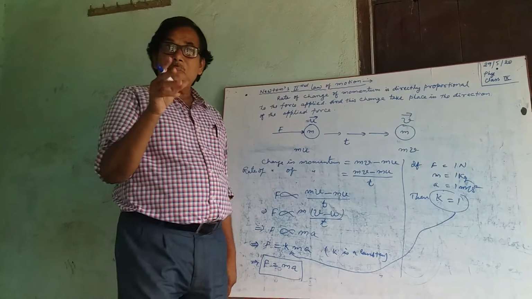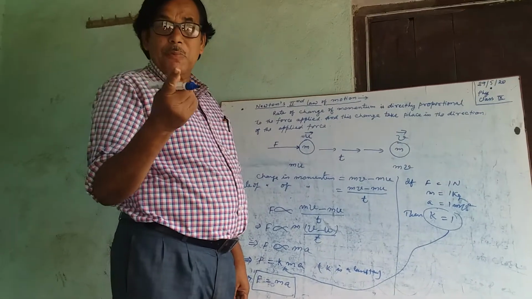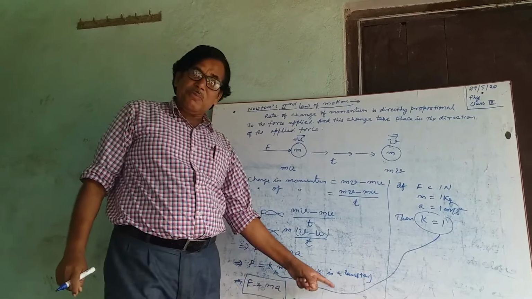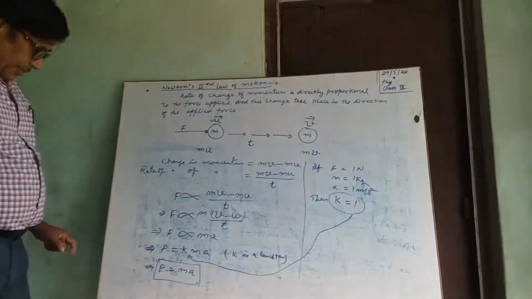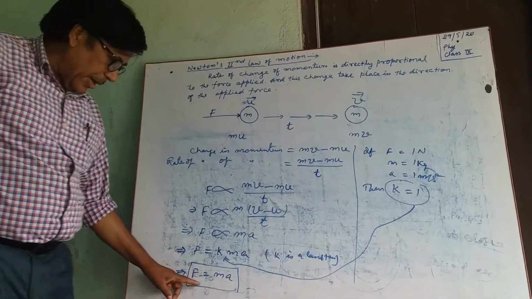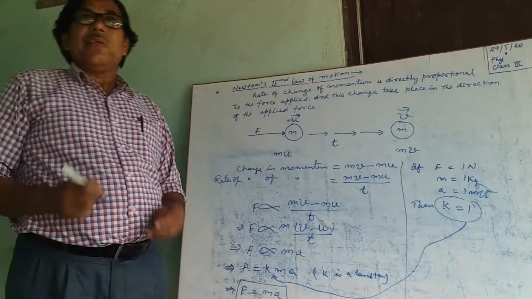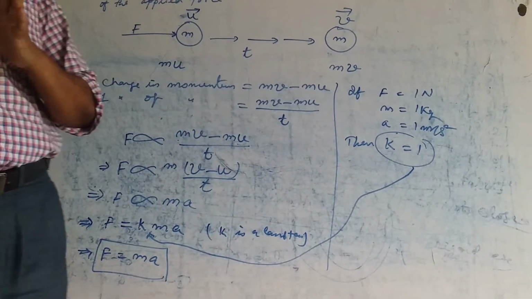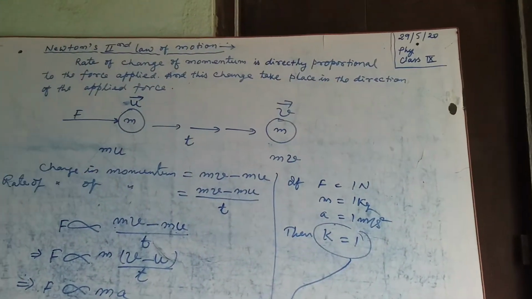From the first law of motion we got the definition of force, and from the second law we get the measurement of force. From this formula we can define what is Newton.